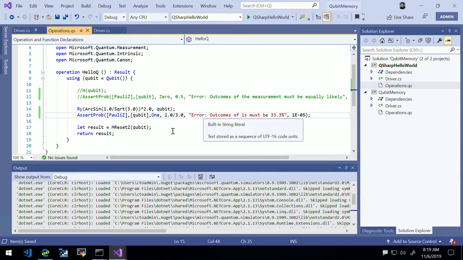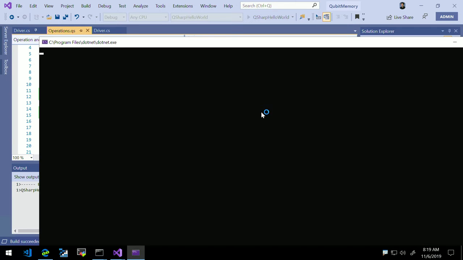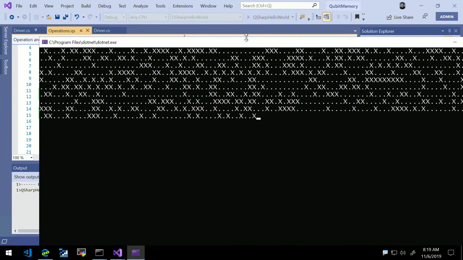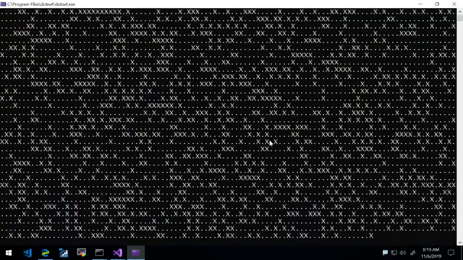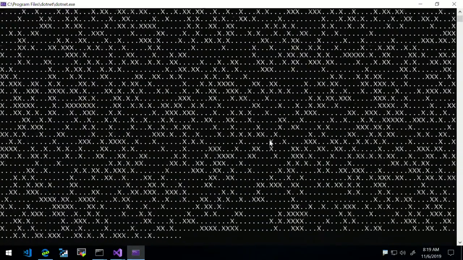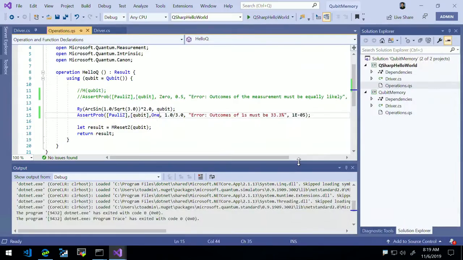And so what we're doing here is putting it in a state where it's 33% one state, 66% the other state. So we'll run this again, and we should see the change. This kind of shows you how you can use these quantum gates to put qubits in different states of superposition and then make use of it. So you can see probability of 1, 33% that time.